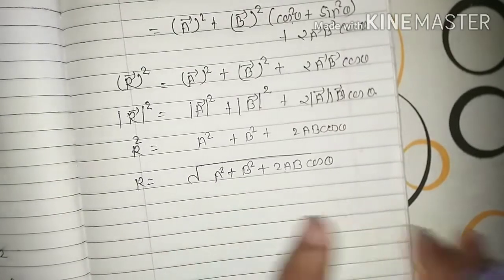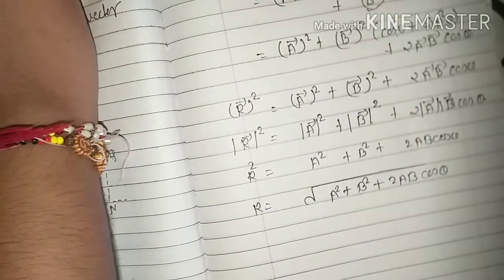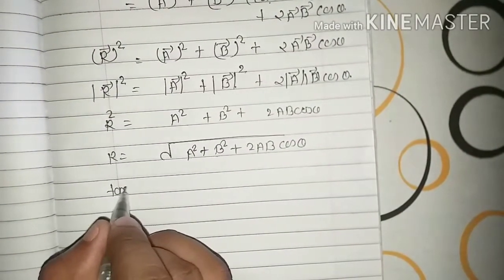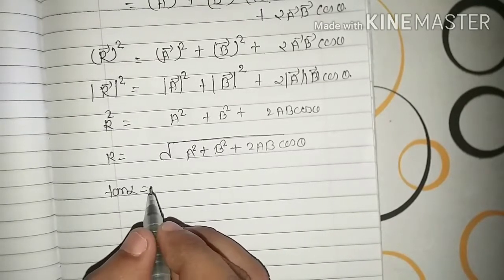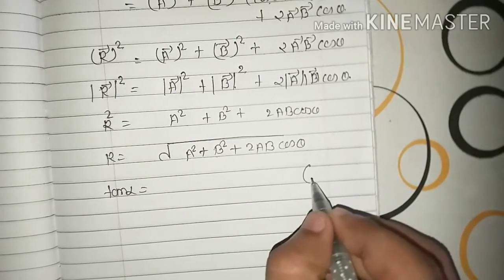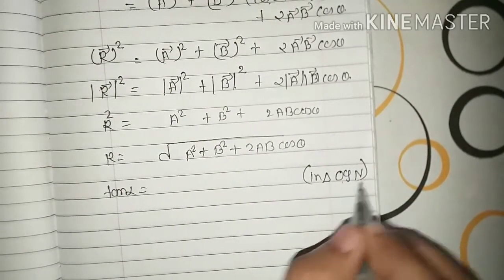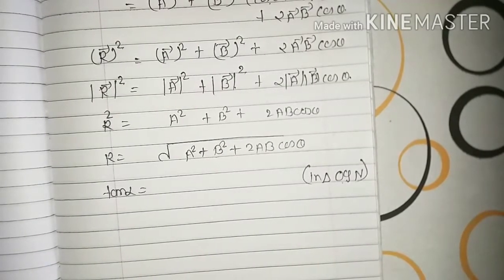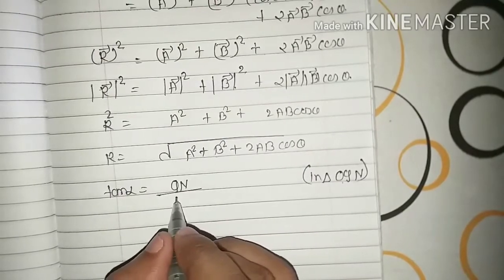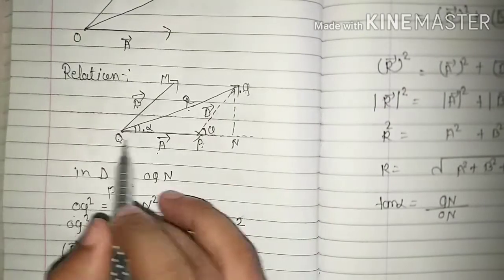We also have to give the direction of this alpha. So we will use tan alpha equals perpendicular upon base. We are talking about triangle OQN, a right angle triangle, so the perpendicular is QN and the base is ON.